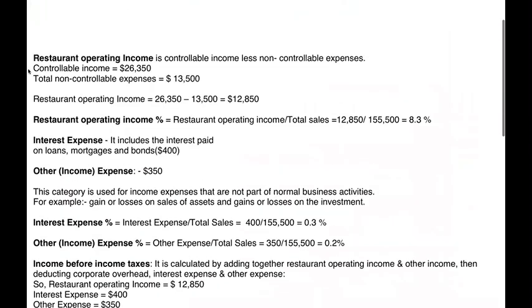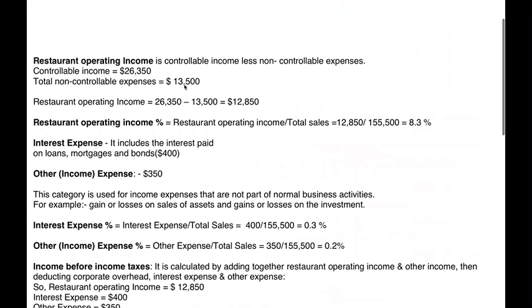The formula is to subtract non-controllable expenses from controllable income: 26,350 minus 13,500, which gives us 12,850 as our restaurant operating income.